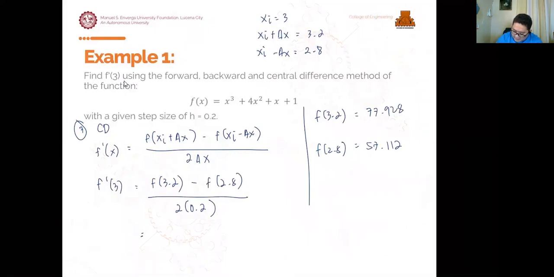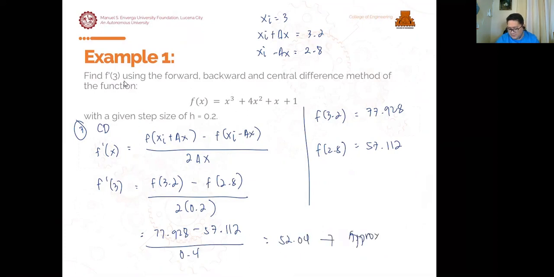So, lagay natin 77.928 minus 57.112 all over 0.4. So, makukuha natin value is 52.04. Okay? So, ito yung approximate value using central difference.